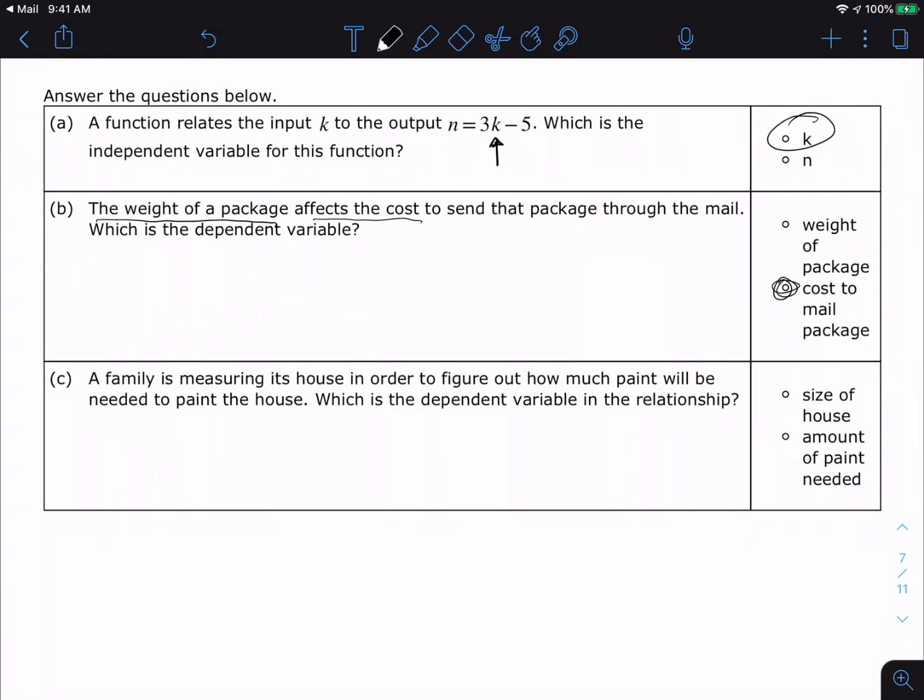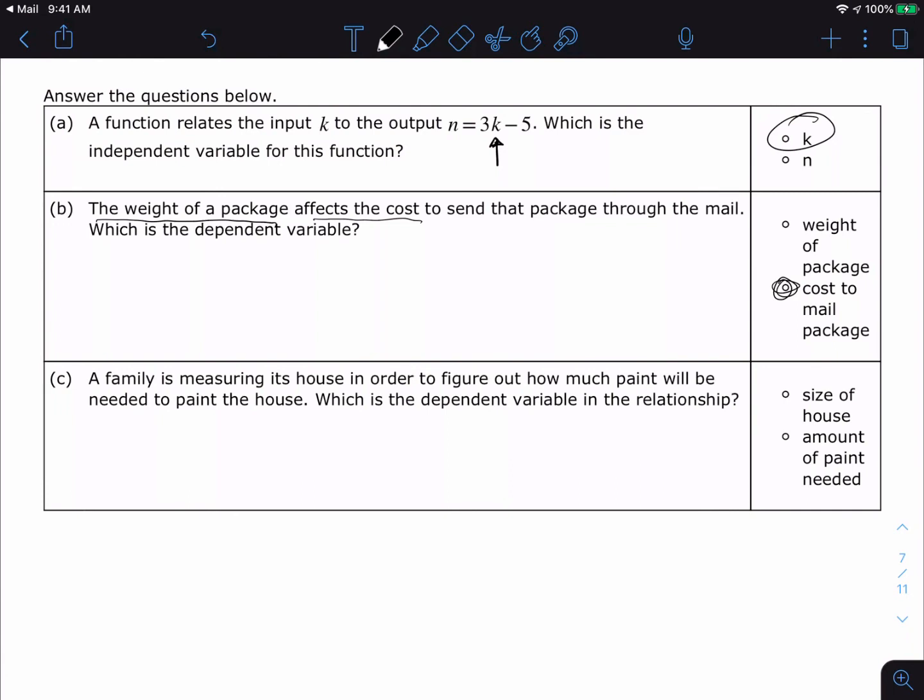Okay. A family is measuring its house in order to figure out how much paint will be needed to paint the house. What is the dependent variable in the relationship? Well, you can buy any amount of paint, but your house isn't going to get changed if you're just painting it, right? You can add to the house by doing construction, but you can't add to the house by painting in terms of size.